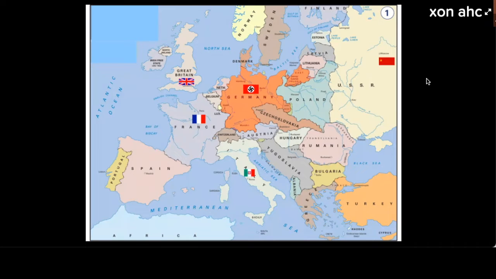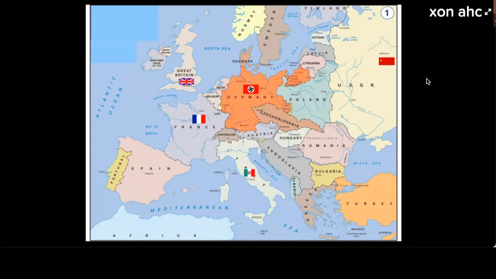The Rhineland. Should you make a key for this territory? Yes, whatever color you assign to the Rhineland, you need to write the year 1936.